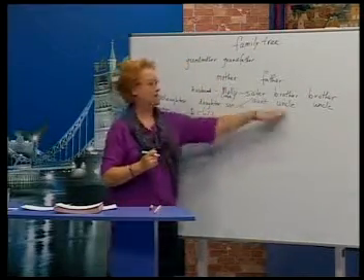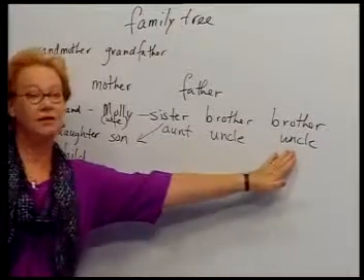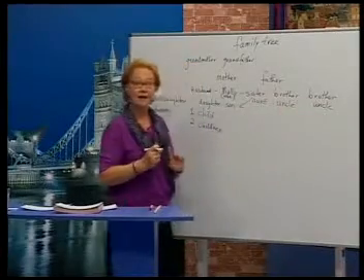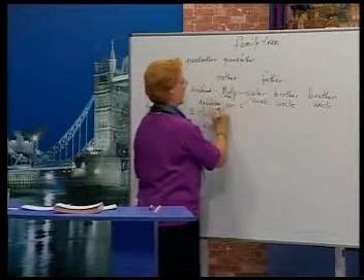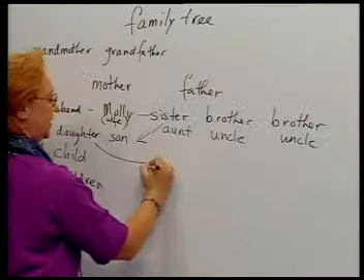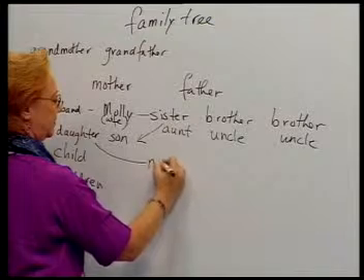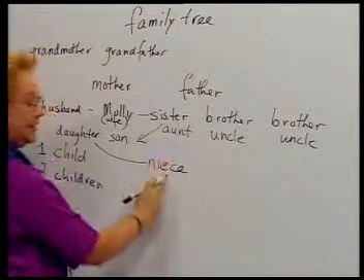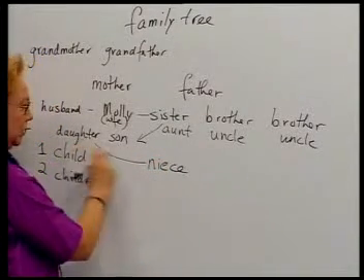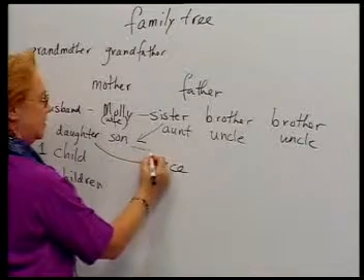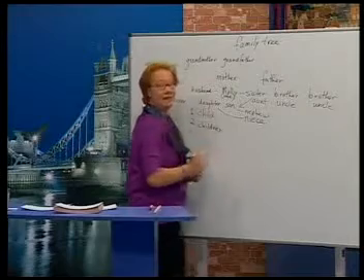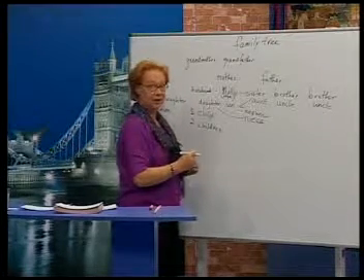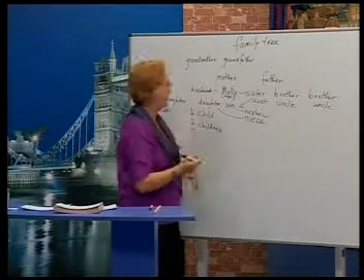Aunt, uncle. Now, going this way, daughter is the niece. Niece is a girl. The son is nephew. Nephew. All right? It's very complicated, but we've got it.